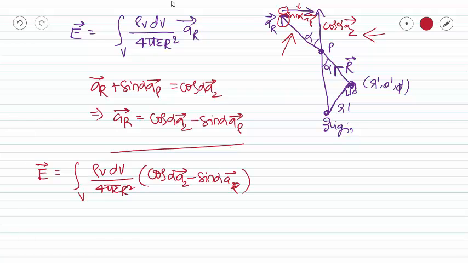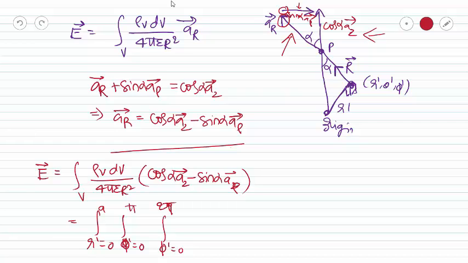Now we need to substitute for dv. We have three parameters, r dash, theta dash and phi dash. r dash is from 0 to a, theta dash is from 0 to pi, and phi dash is from 0 to 2 pi.